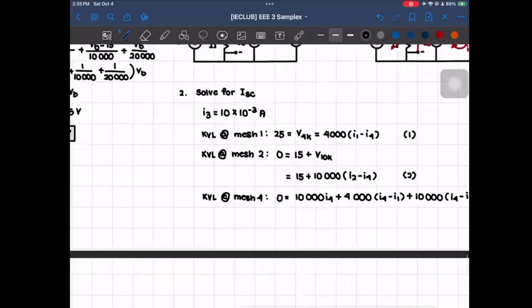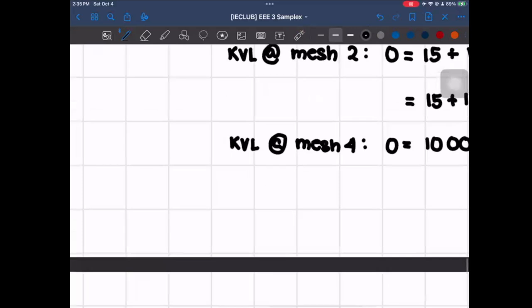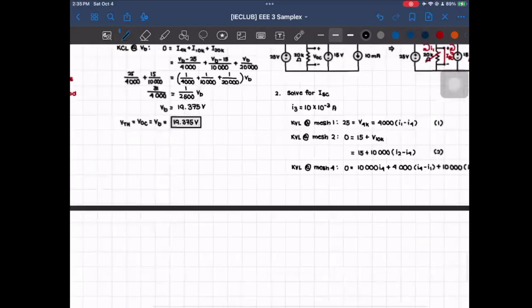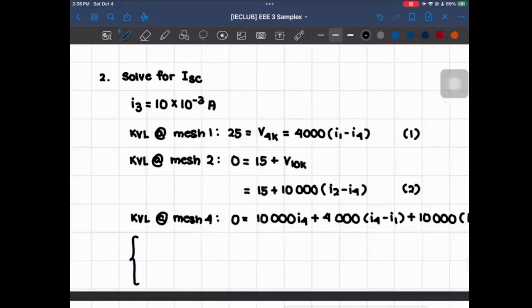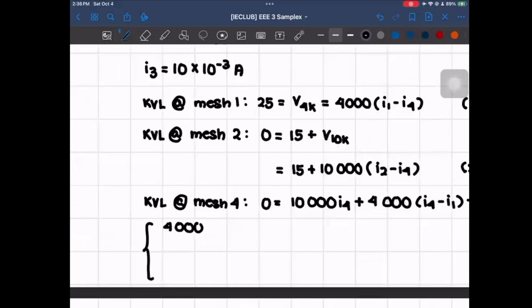And then similar to what we did, we could actually just determine the system of equations for this. For the first equation, it would be 4,000 I1, and I'll be leaving an extra space here since our variables are I1, I2, and I4, just to make it a bit more uniform with the others.